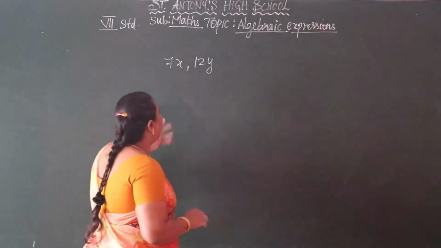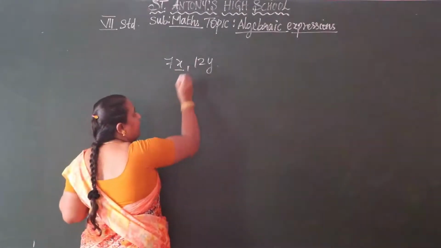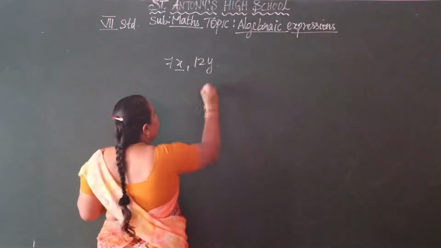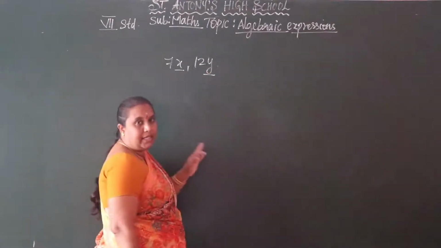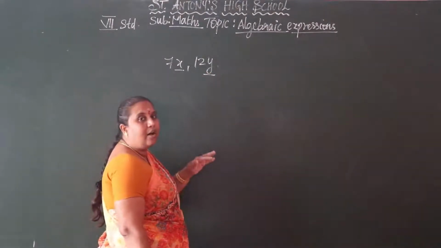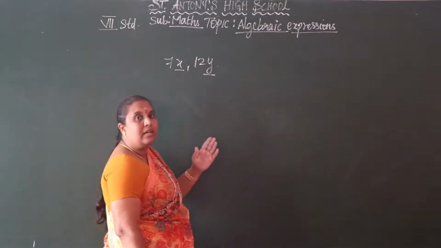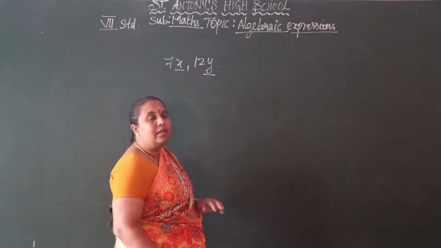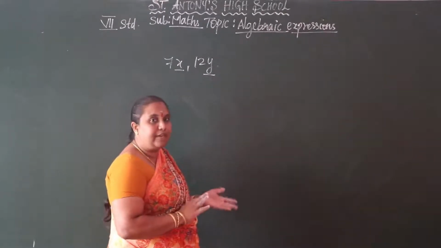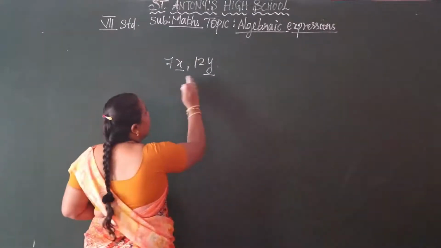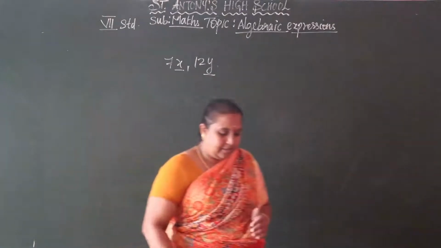See here we have 7x, so the variable is x, and here the variable is y. The factors of 7x are 7 comma x, and the factors of 12y are 12 comma y. Here the variables are different, so we can say these two are unlike terms.